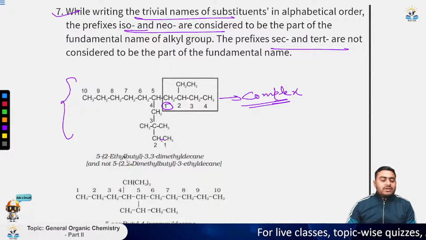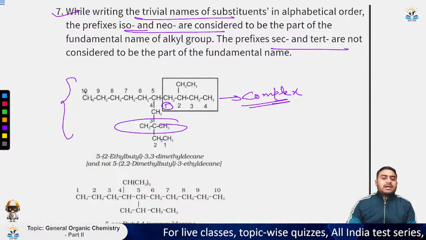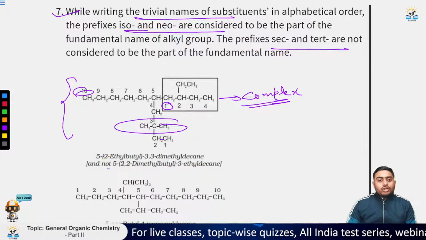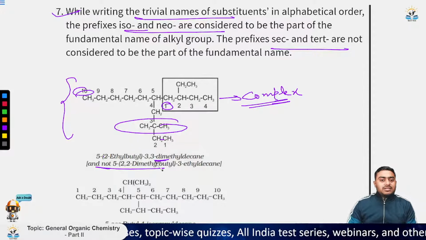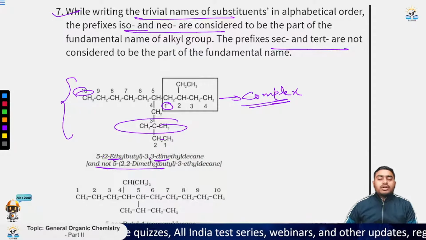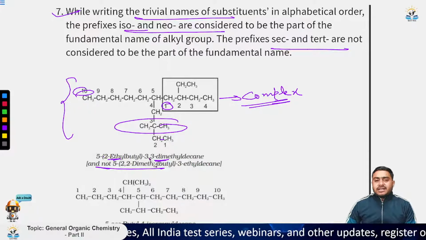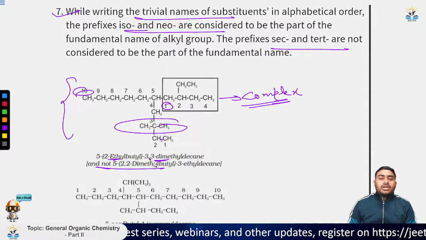Then 3 comma 3 dimethyl, and 10 carbons, dec plus ane, decane. Not 5 dash 2 comma 2 dimethyl, because you can see this is D and this is E, and we are not considering di while writing the name in alphabetical order.